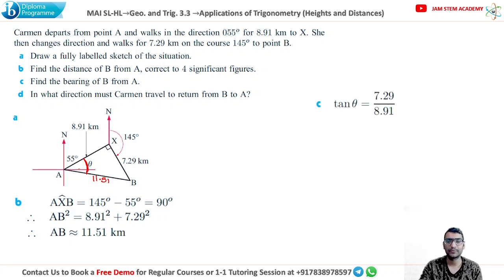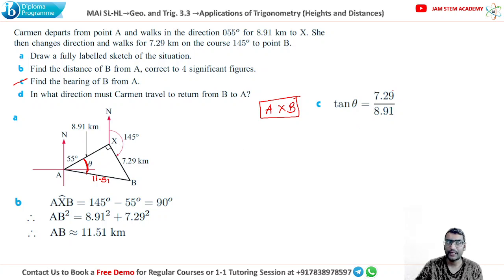So if we use tan theta in the triangle AXB, remember, AXB, theta is the required angle, which is the bearing of B from A. So tan theta is opposite upon adjacent. Opposite is 7.29 and the adjacent side is 8.91 because AB is the hypotenuse.